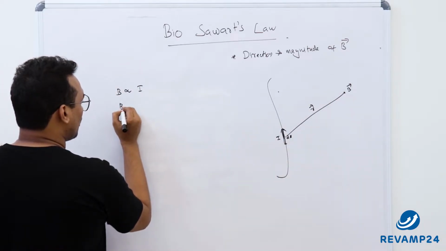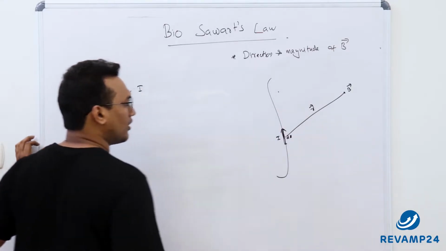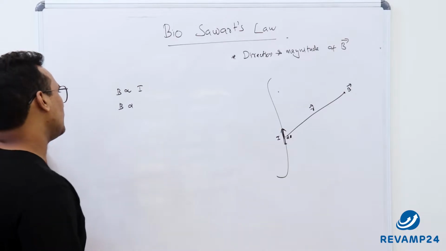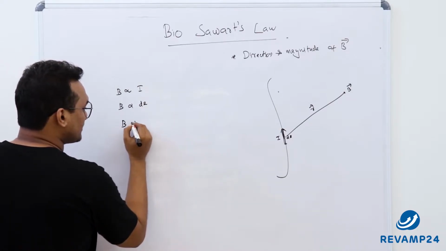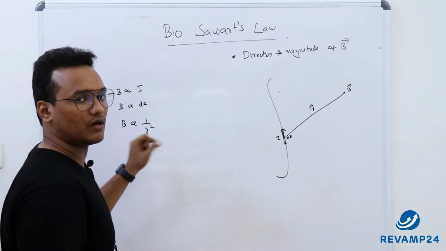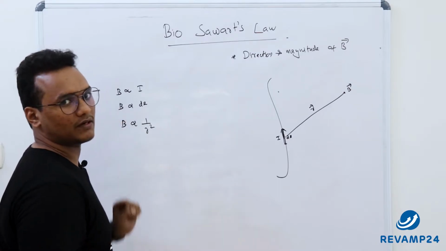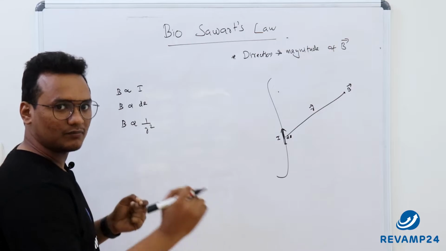He has also told that the magnetic field is directly proportional to dl. Higher the length of the current carrying conductor, the magnetic field will be more. Now the magnetic field is inversely proportional to r square. Inverse square principle, this we have learned in Coulomb's law as well. So higher the distance, lesser will be the magnetic field.